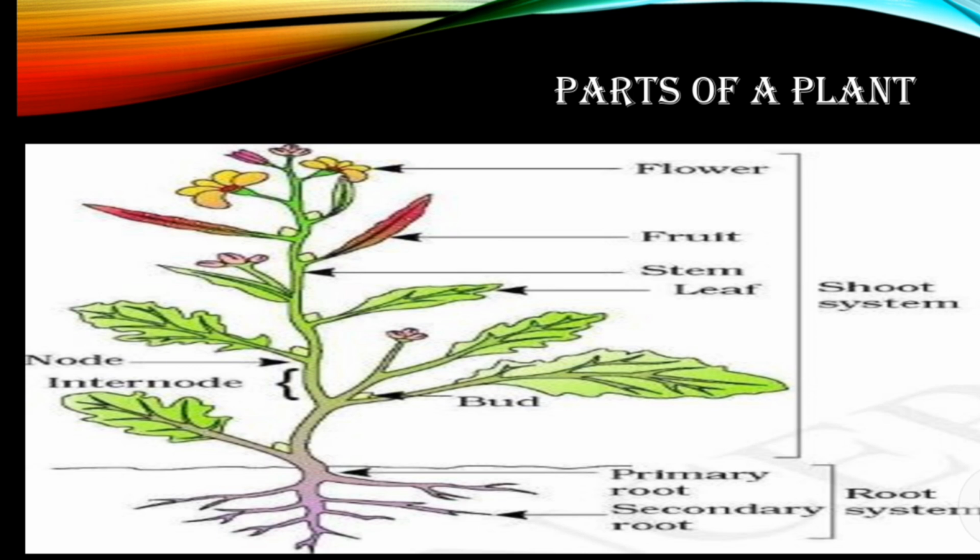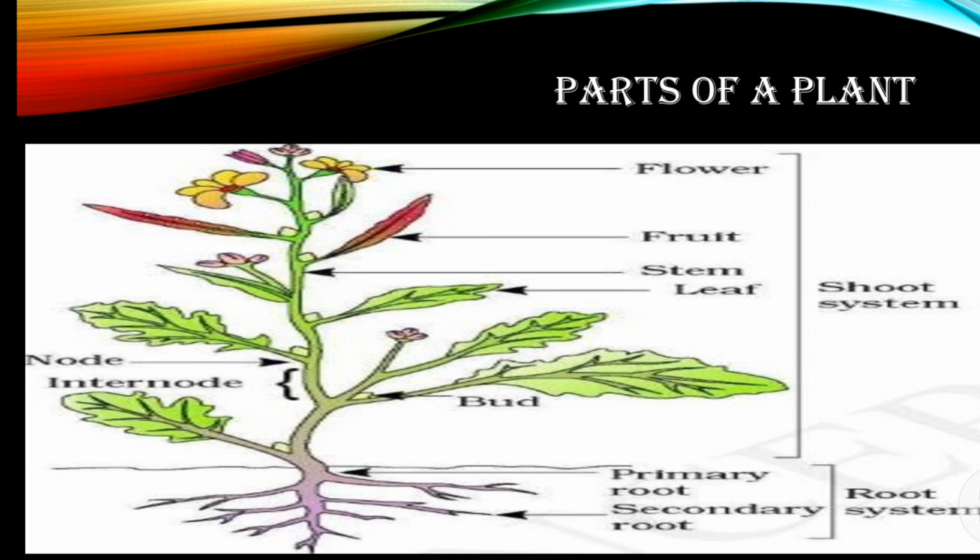Now come to the shoot system, which is present above the soil. It has the main part which is known as the stem, which is the support of the plant. On the stem, different branches are there which bear leaves, flowers, fruits, and buds.